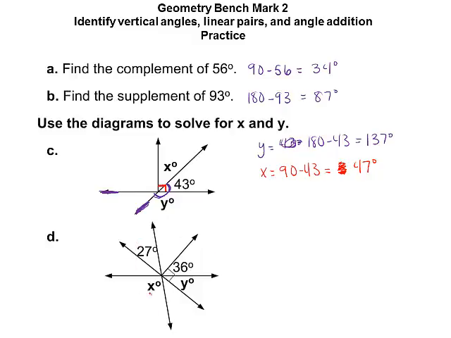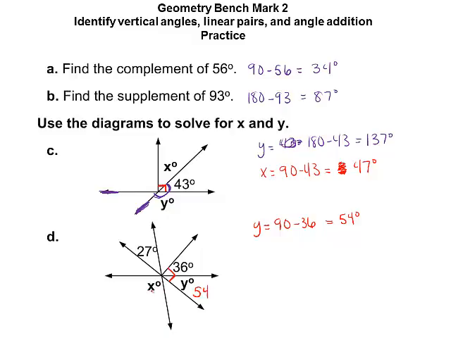And in this picture, okay, x is over here. I've got y, and I've got 36 and y making a 90. So I'm going to do y first. So y is going to be 90 minus 36, which is going to be 54. Okay, so that means I know this is 54.